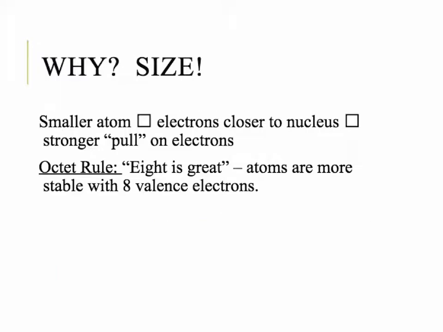The reason for this trend is pretty much the same as the reason for your ionization energy trend. Generally, the smaller the atom, and we're going up to fluorine, which is one of the smallest atoms, the electrons are closer to the nucleus, and so the nucleus is more accessible and is actually just stronger. The other reason is because 8 is great, meaning all atoms want to have 8 valence electrons, right?